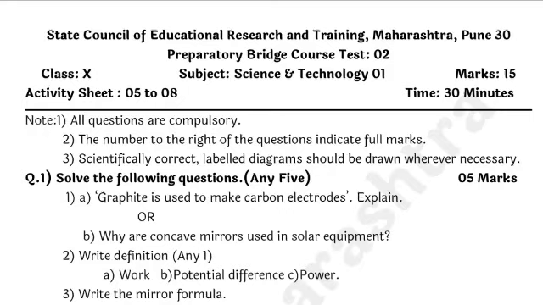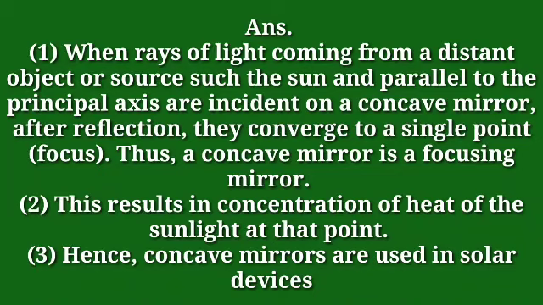B is, why are concave mirrors used in solar equipments? Let's see the answer of this question. The answer is: first, when rays of light coming from a distant object or source such as the sun, and parallel to the principal axis, are incident on a concave mirror, after reflection they converge to a single point, that is the focus.